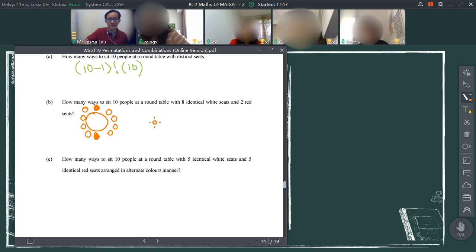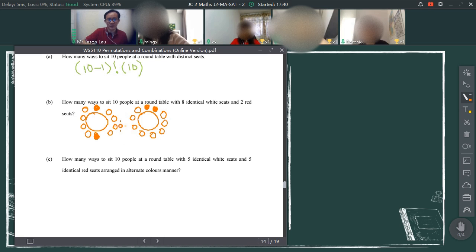Let's say this arrangement versus this arrangement. They are different. When you have repeated or identical seats, you have to really depend on how they arrange themselves. If they arrange themselves in a symmetrical manner, then the answer is different from the non-symmetrical manner.